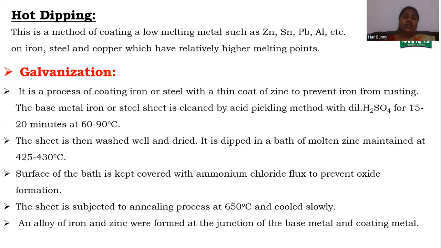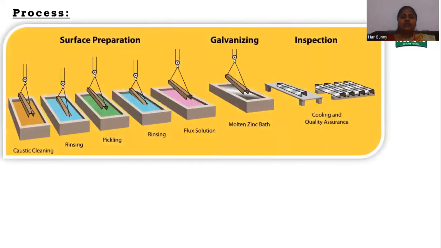In these hot conditions only, the iron metal is dipped inside the molten zinc such that a thin protective coating of zinc forms on the iron metal. So let us study the process of galvanization.